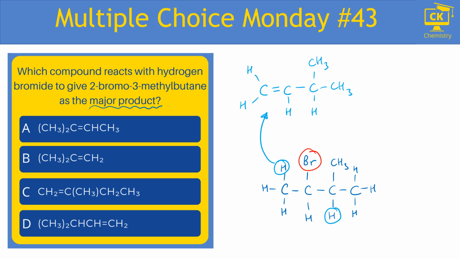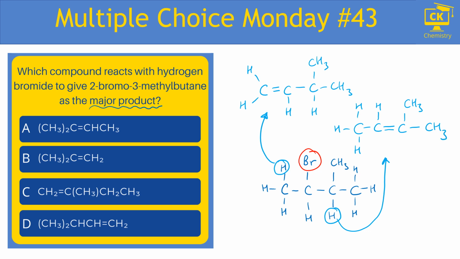Or the other alternative is if I were adding that way, and so this time that would all be H's. Then there would be a space here for my bromine, a double bond would be in the middle, so it would be a but-2-ene with a methyl group still on that carbon and a CH3 at the end.